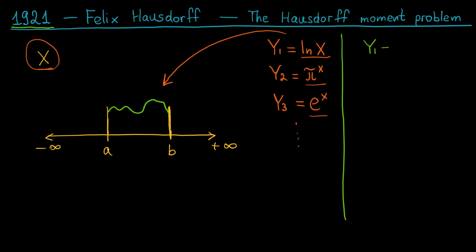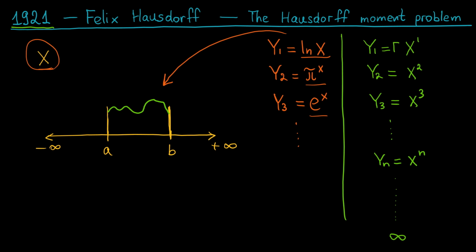He was focused on the random variables that are powers of x. So x, x squared, x cubed, somewhere here there's x to the n, as x raised to the power of n, and this goes into infinity.